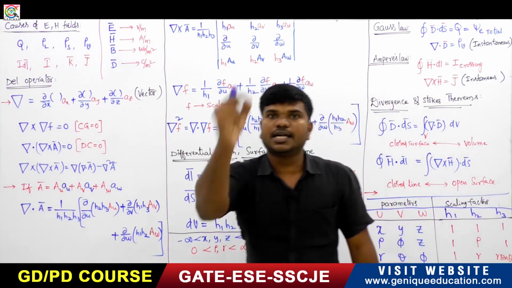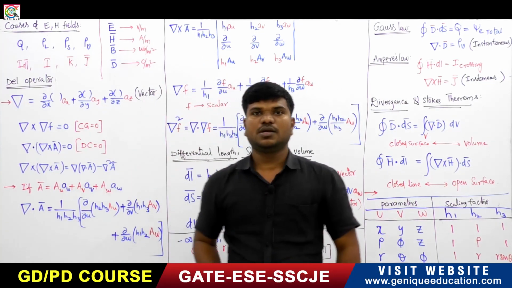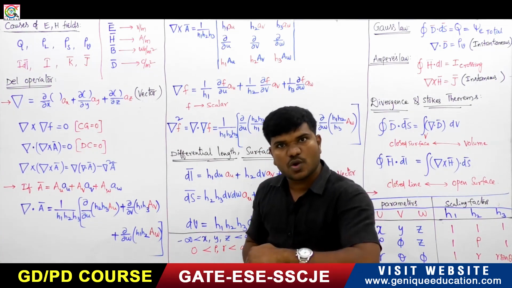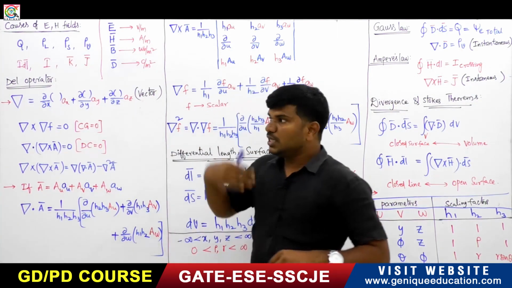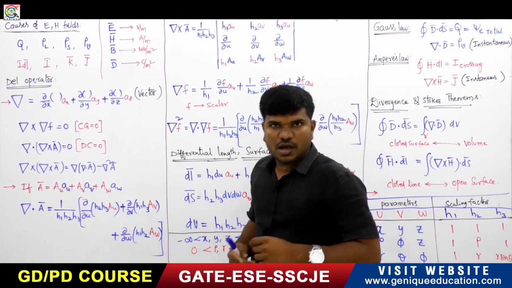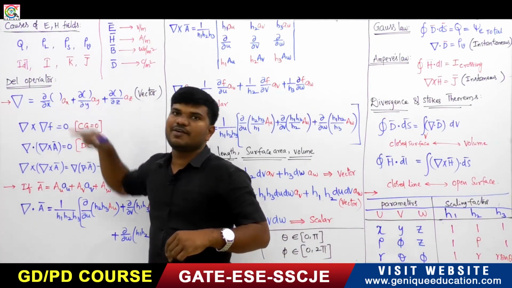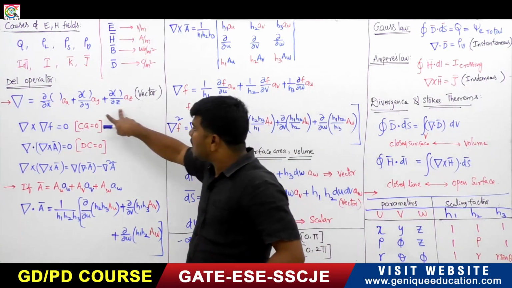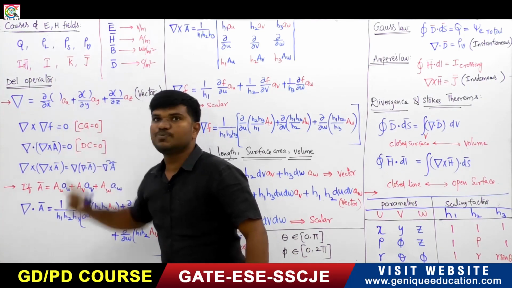In general, the del operator is defined only in Cartesian coordinates, but we extended it to spherical and cylindrical coordinates also. Mathematically it is given for Cartesian coordinates only, and you cannot write it in this form for cylindrical and spherical coordinates.